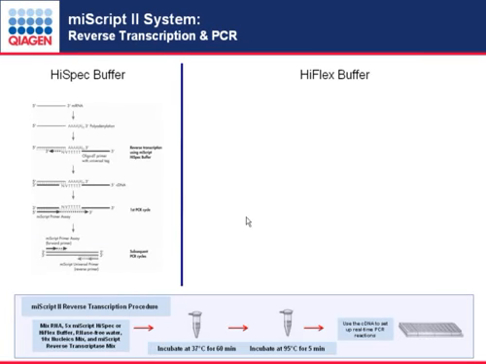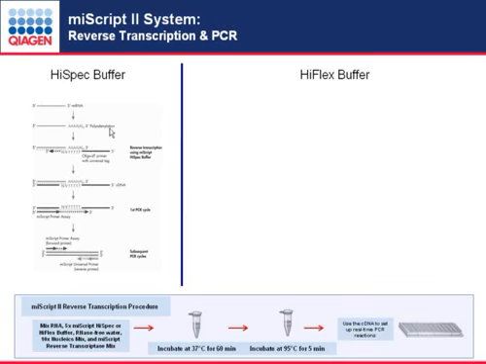To give you a little bit of background of how the reverse transcription reaction works, in the HiSpec buffer formulation, microRNAs are first polyadenylated and reverse transcribed in a single tube reaction.